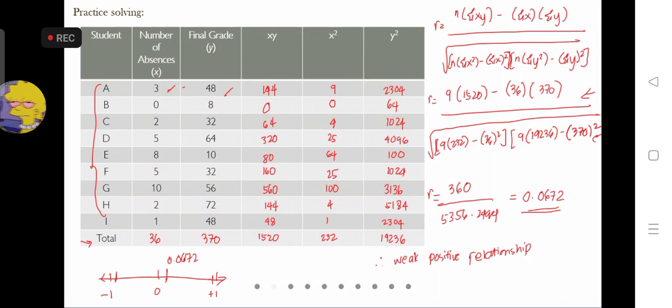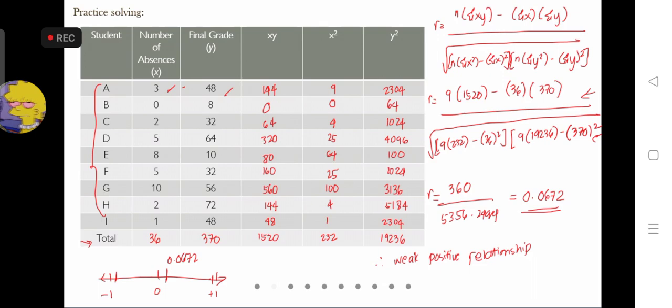There may be instances nga inig-solve nimo correlation coefficient, like for this one, for example lang ha, naka-identify ta that there is a weak positive relationship, but you want to test further if enough ba ang pag-solve na to sa correlation coefficient nga maka-conclude ta nga there is a relationship.